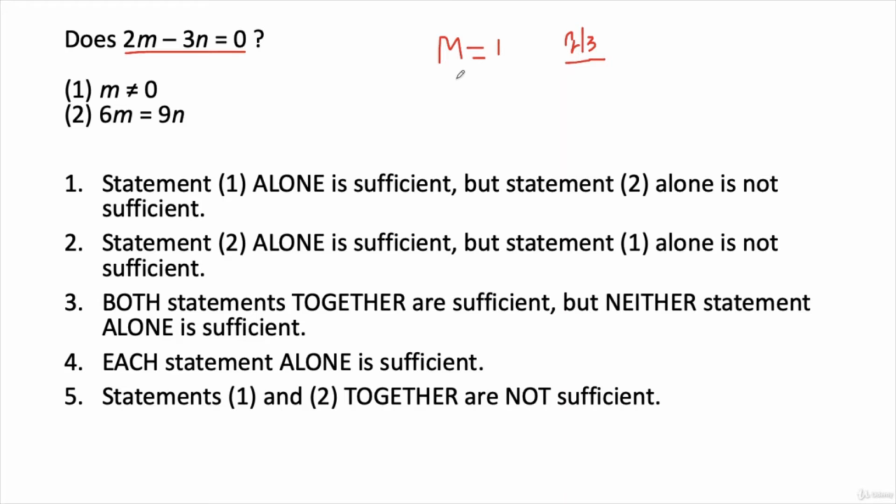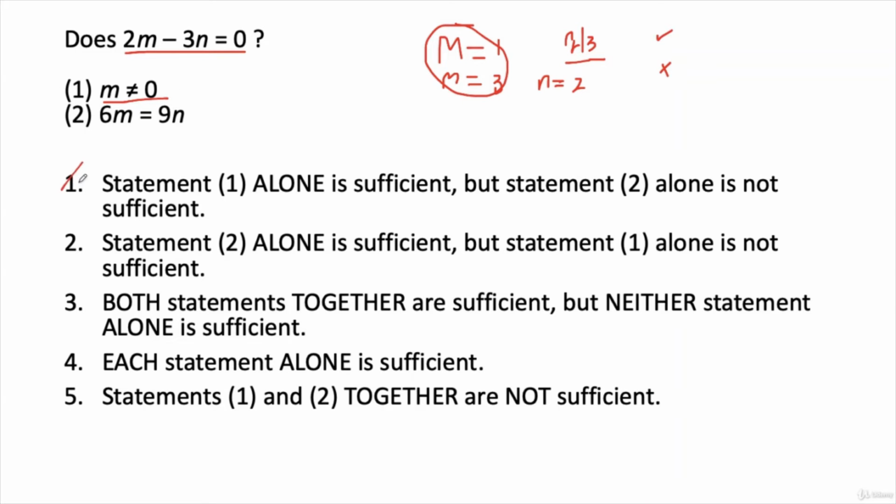But if suppose we say that m is 3 and n equals 2, in this case the equation becomes 0. In both these situations, m is not equal to 0, but we are getting two different outcomes. Hence, statement 1 alone is not sufficient to answer the question.